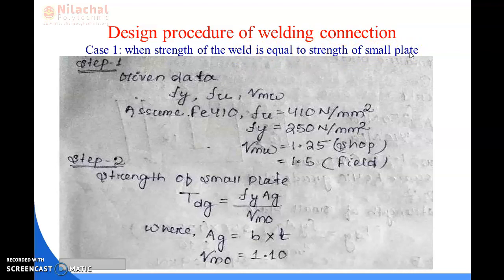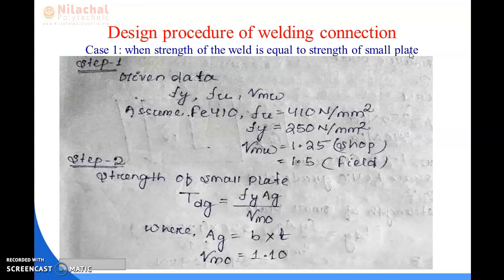Okay, that means whenever you connect two plates by means of a welding connection, the strength of the smaller plate will be equal to the strength of the weld of the total joint.